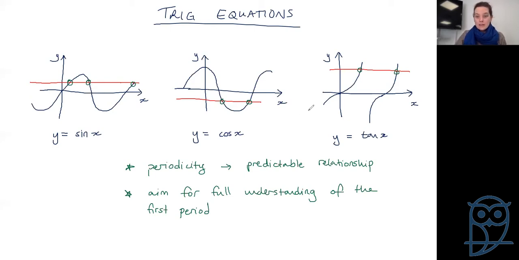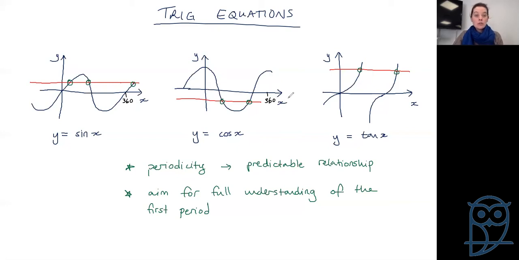With our basic sine, cos, and tan, our period for sine would be 360: one bump up, one bump down takes us to 360 degrees. So there's one full graph in a period of 360. For cos, we go all the way down, all the way back up, and again that would be 360.